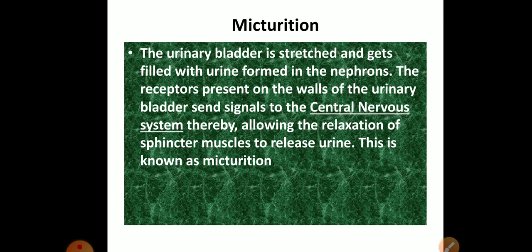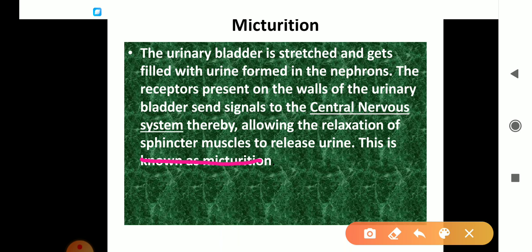From here the message is sent for the relaxation of the sphincter muscles of the urethra, and the urine is passed out of the body through the urethra. This is called micturition, right?